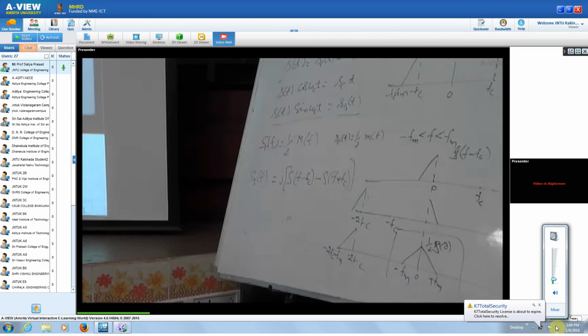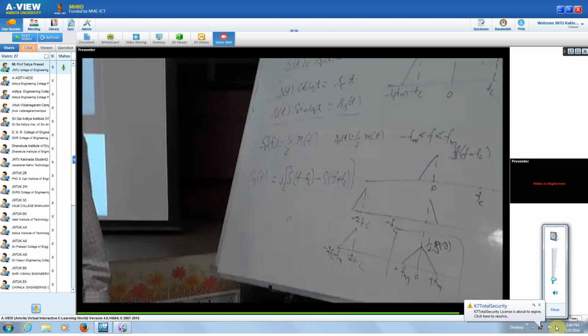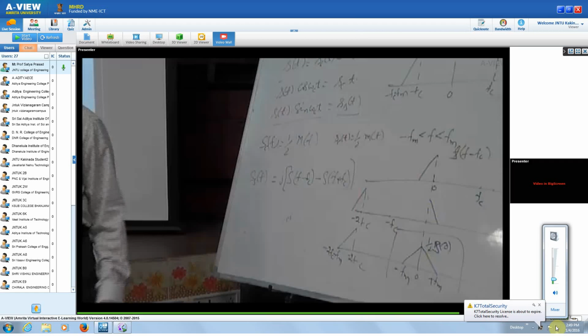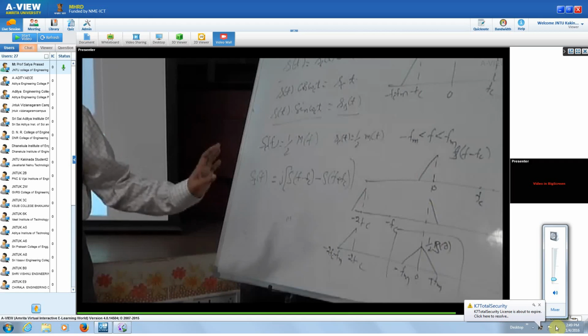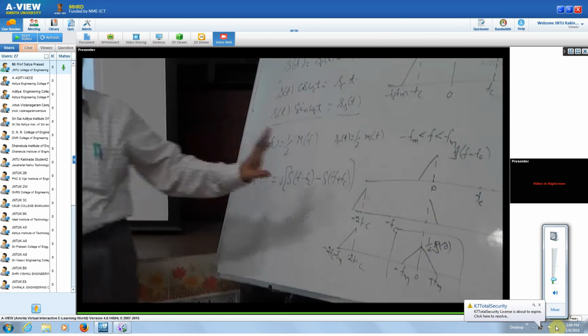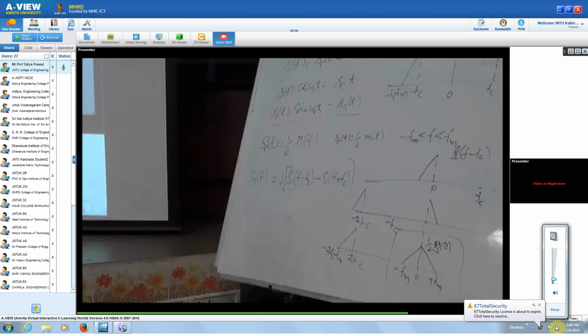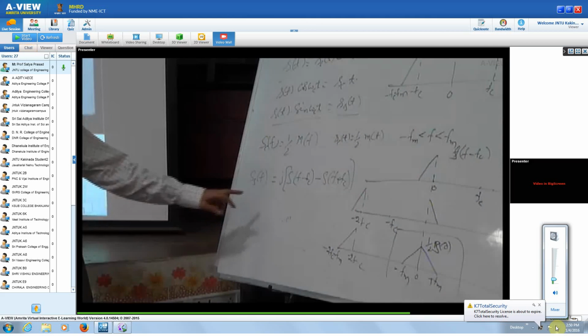Refer back to your Fourier transform properties, f of t into cos omega ct and f of t into sin omega ct. That's what is represented when we talk about signals and systems Fourier transform. So F of f minus fc plus F of f plus fc for your cos multiplication, and for sin, j times, because the 1 by 2j is going to be there in your sin omega ct Euler's formula. So that j will be coming here. Then you are going to get the required one.